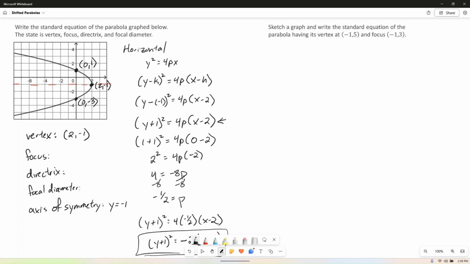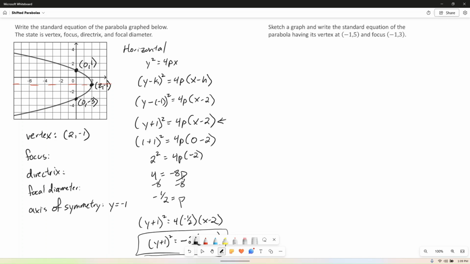To find the focus and the directrix, remember the focus and the directrix are the same distance away from the vertex. That distance is p. Well, we know p is a half. So how far is it from the vertex to the focus? A half. And remember, the parabola has to open around the focus, away from the directrix.